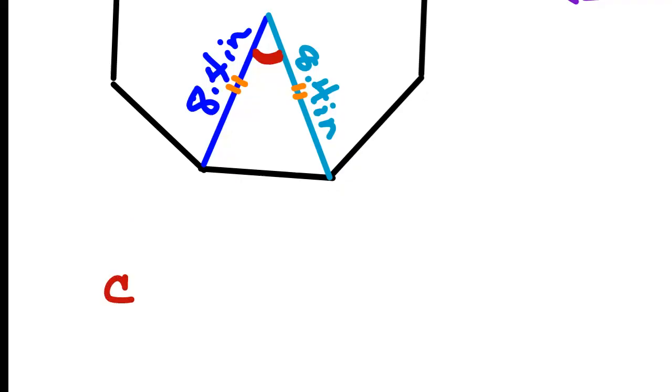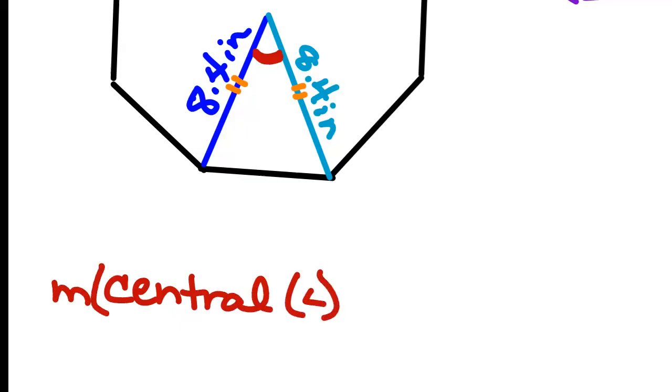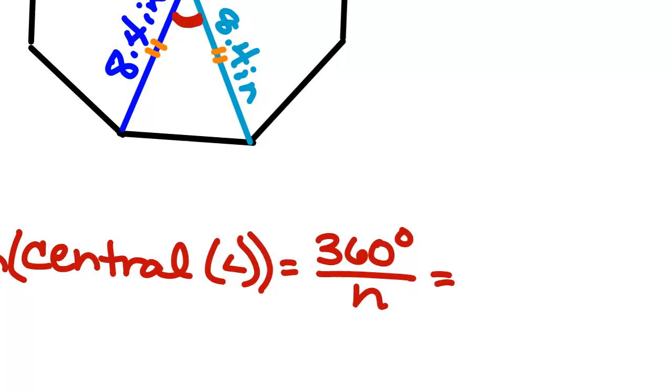All right, so the central angle. How do we find the measure of the central angle again? 360 divided by the number of sides, divided by n. So we're going to do 360 divided by what? 8. 360 divided by 8.